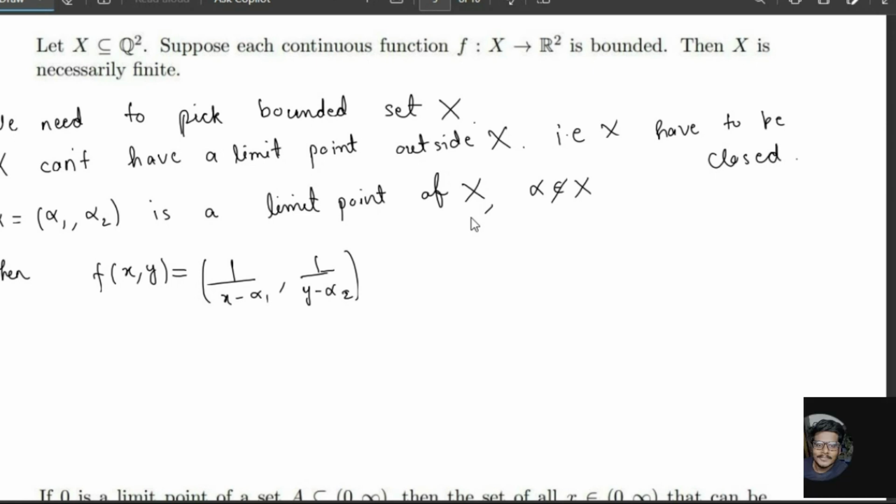Yes. Yeah, it is an unbounded function and also continuous. So X we need to take as a bounded set, also a closed set, right? Also, to get the counterexample, we need X as infinite.